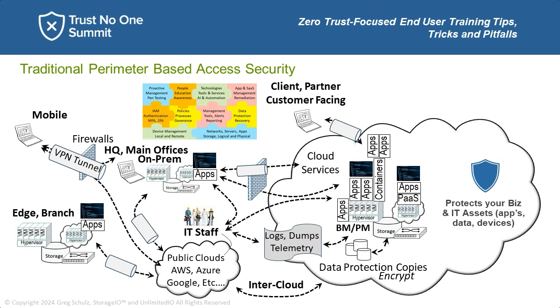I've got to enter a code, or I get asked, is this really you? And I say, no, I'm still in Minneapolis. Somebody else in Tokyo is trying to use my credentials. Stop them, okay?